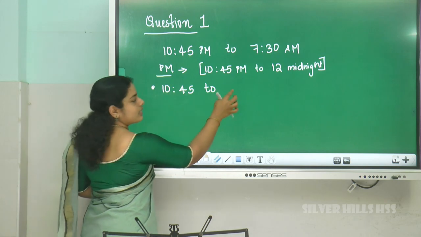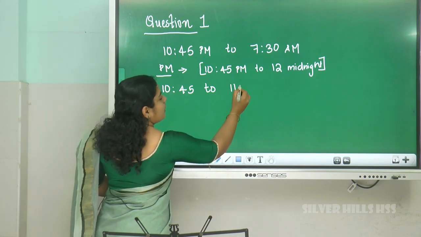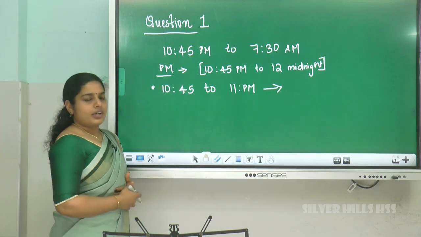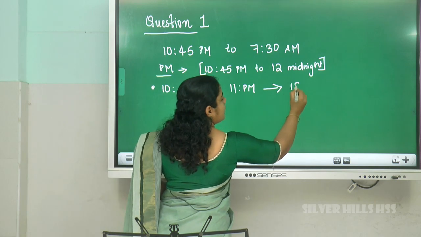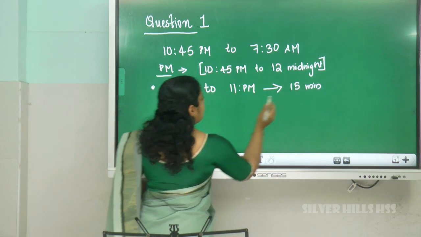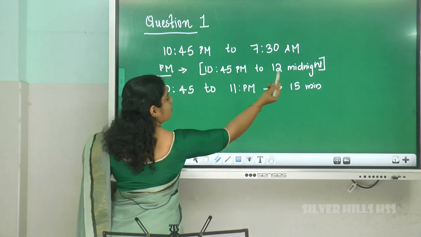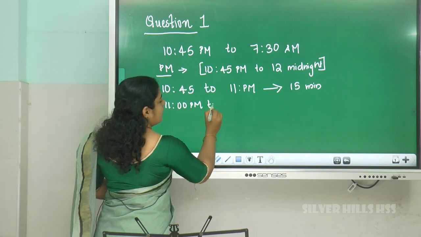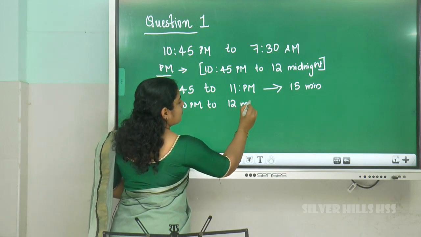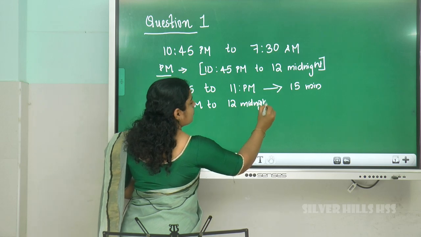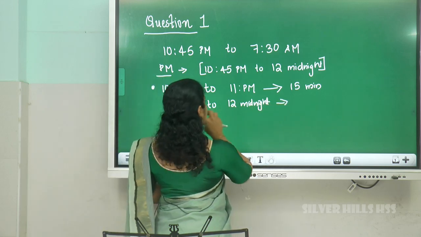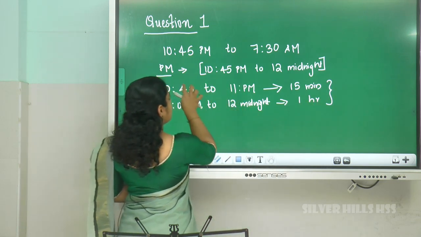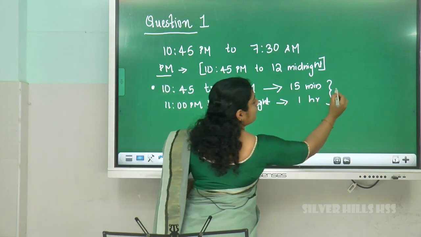After 10 o'clock it is 11 p.m. How many minutes do we have? 10:45 to 11, we are having 15 minutes. Then we will calculate from 11 to 12, 11 p.m. to 12 midnight. So, it will be 1 hour. That is, the time in the p.m. part is 1 hour and 15 minutes.